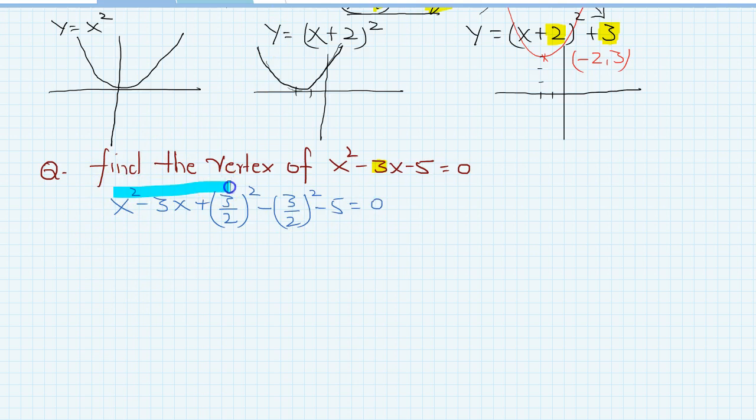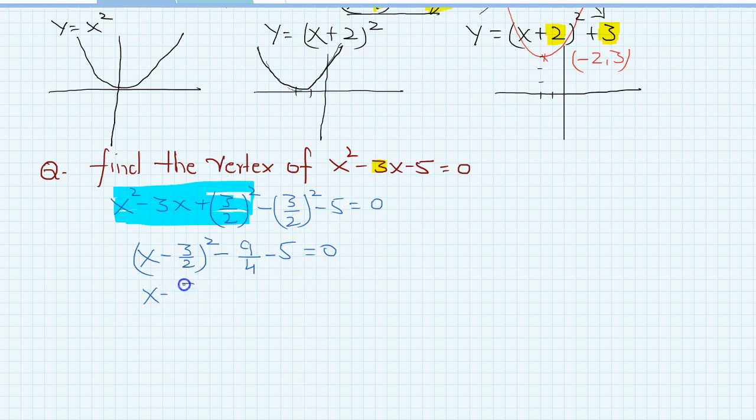Now this one is equal to (x minus 3 over 2) square minus, 3 over 2 square is 9 over 4, minus 5 is equal to 0.